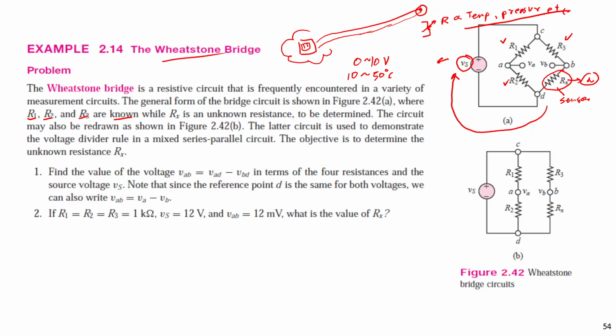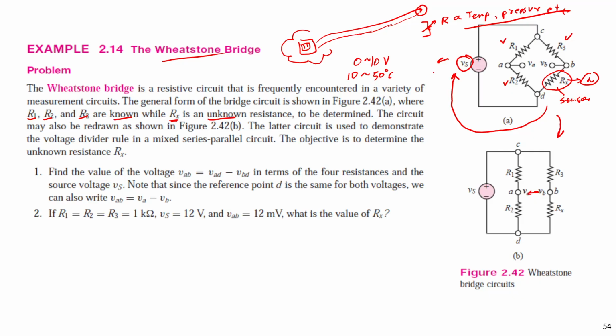We design this circuit for Rx, which is the unknown resistance. Here we may draw the circuit in this form. This is the same circuit, and we call these nodes A and B, VA and VB.